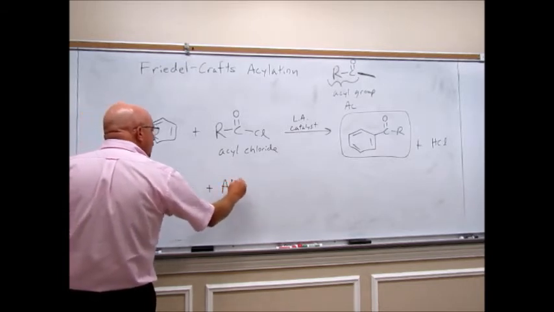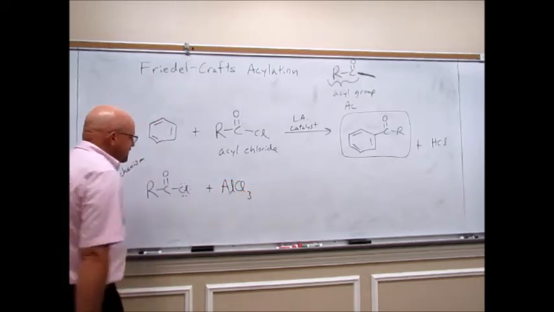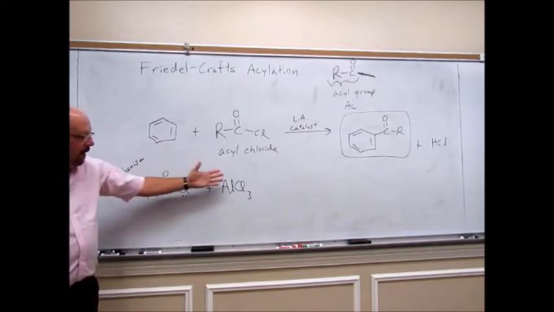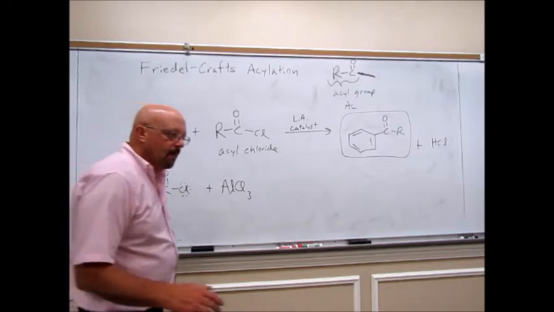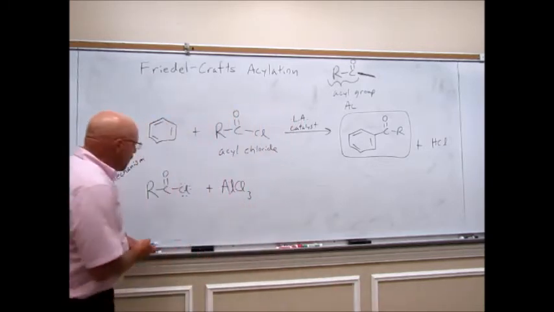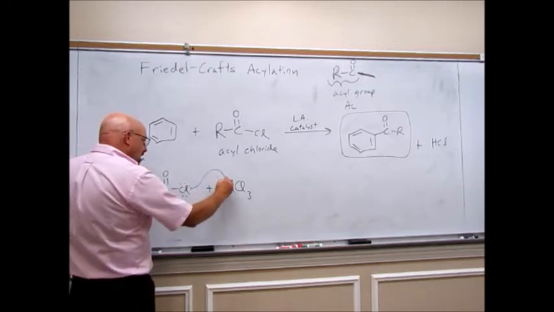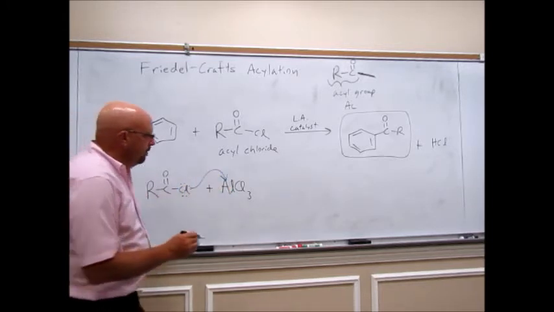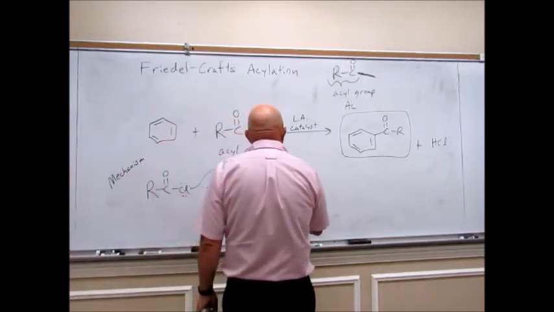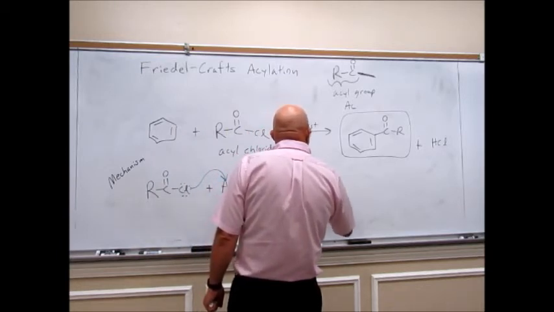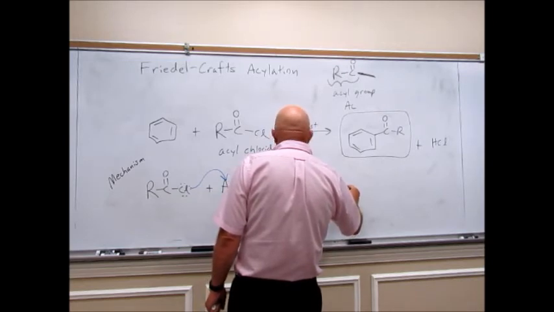I'll use aluminum chloride as my Lewis acid catalyst. So we have the acyl chloride and my Lewis acid catalyst. It's the same mechanism. We're going to give electrons from the chlorine on the acyl chloride to the aluminum. That will put a plus charge now on that chlorine.